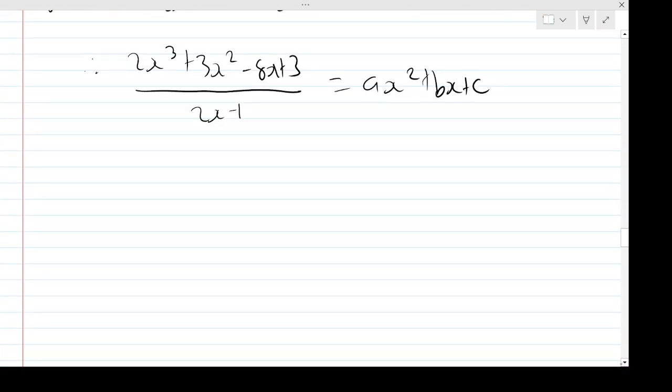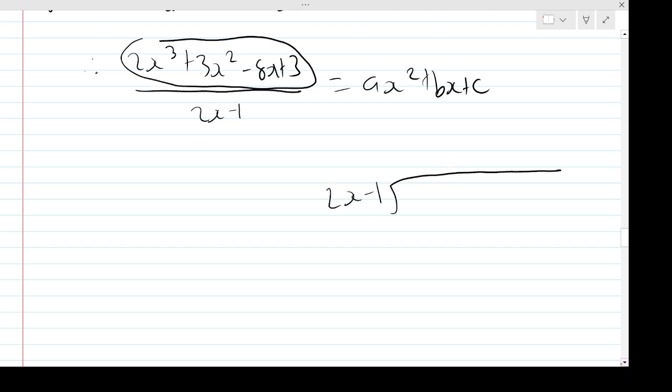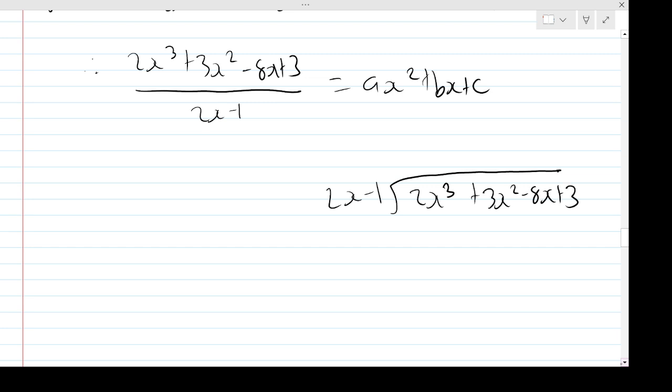So then let's write out the bus stop method to do the division. So then I have 2x minus 1 on the outside. And then I do my bus stop, and then I write my top part inside. So 2x cubed plus 3x squared minus 8x plus 3.